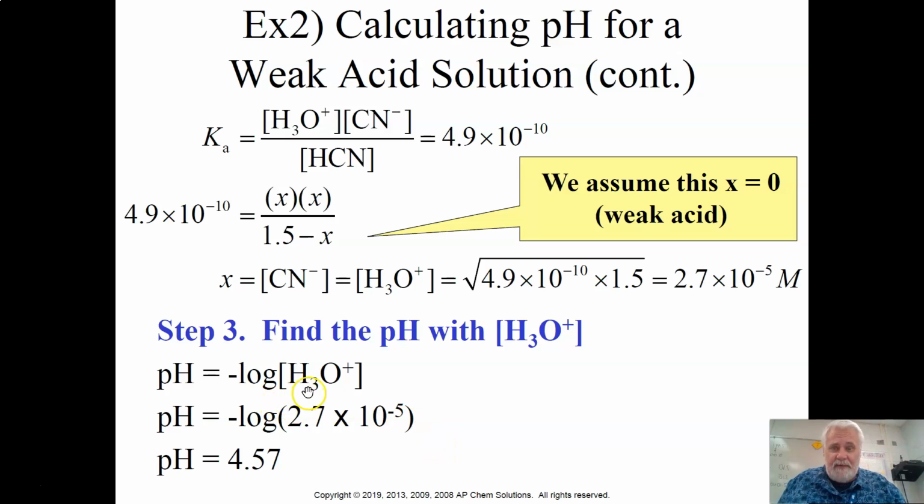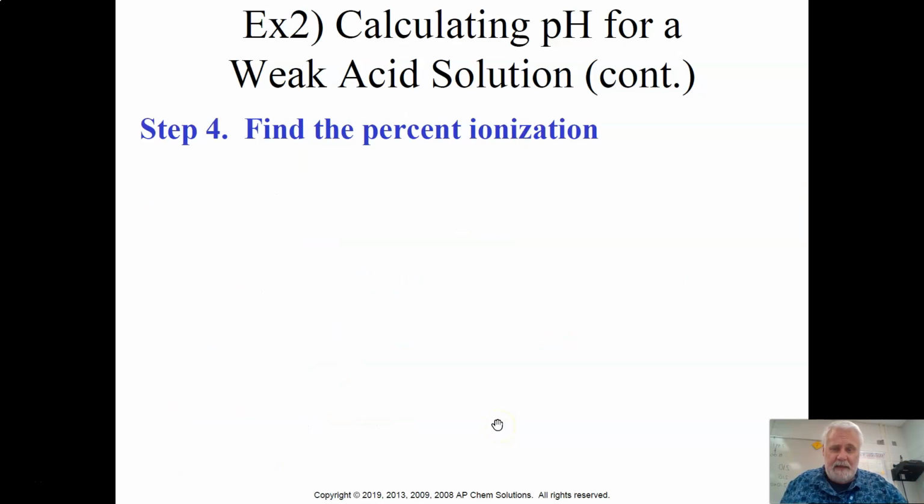Negative log of the hydronium ion, and then just put that number in there, and you end up with 4.57, which of course has 2 sig figs for a pH value. Okay, so super weak acid, but still, can change the pH significantly of a system. Okay, that shows you how delicate that pH scale is.